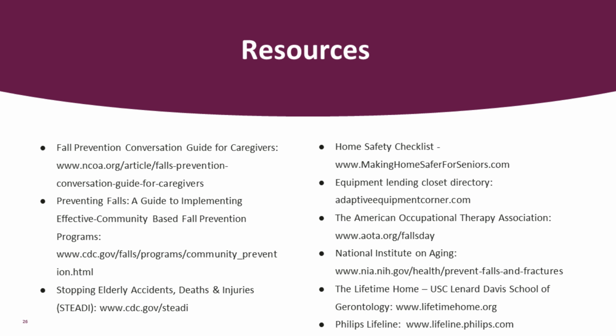I have gotten a chance to know the founders of the Adaptive Equipment Corner, and on their website, they have a directory, state by state, of where you can find these equipment lending closets. So I would definitely encourage you to check that out.